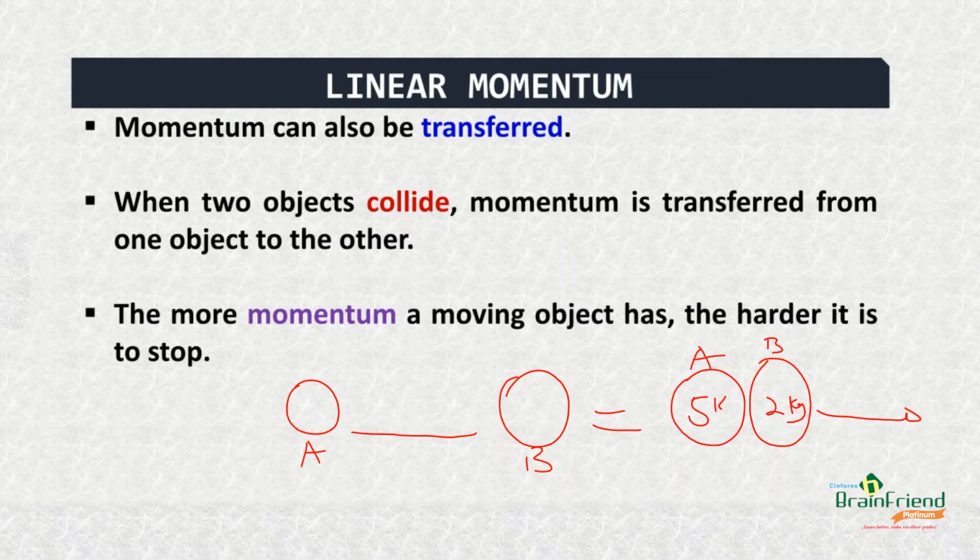You can see there is a transfer of momentum from object A to object B. So, the more momentum a moving object has, the harder it is to stop.